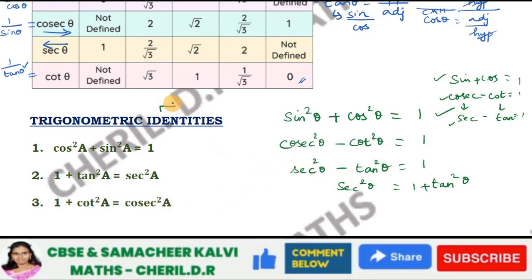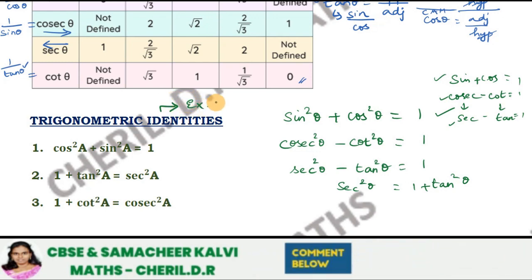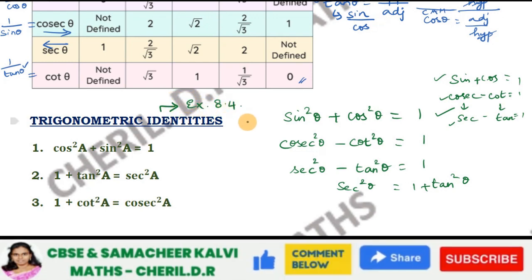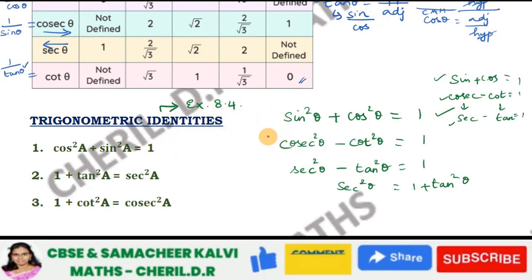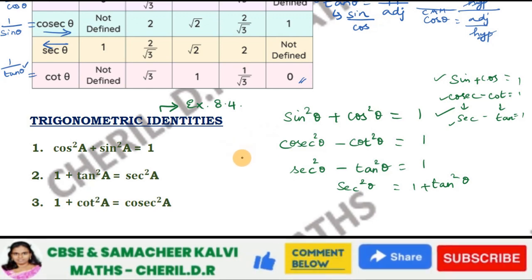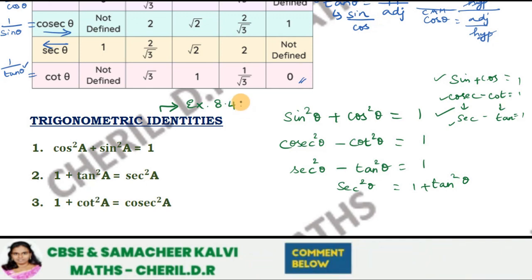So these trigonometric identities are related to exercise 8.4. Okay. So in this, you should be able to find out which identity to be applied. If you are able to do that, solving the problems in exercise 8.4 will be very easy.